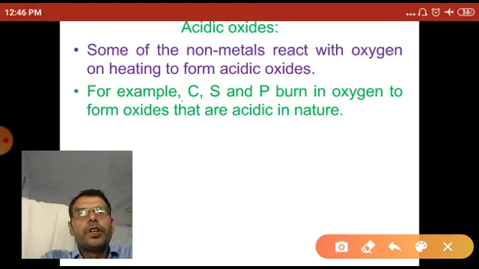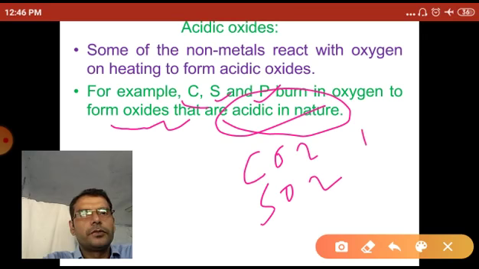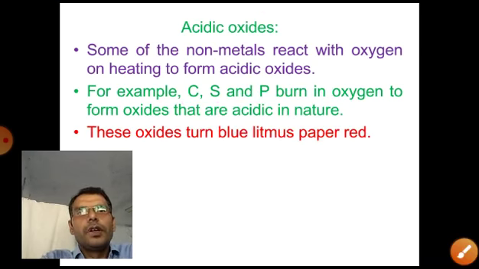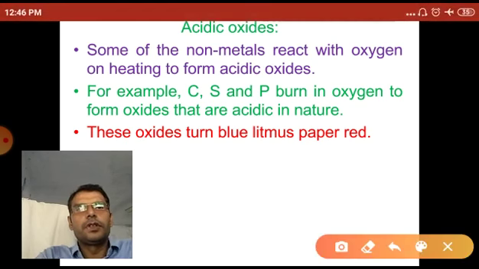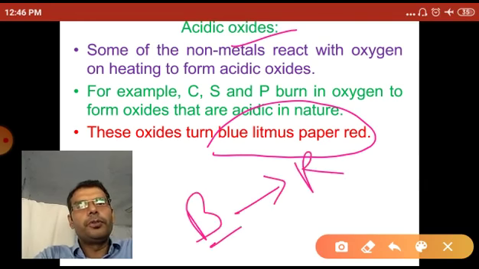For example, carbon, sulfur, phosphorus, when burned in the presence of oxygen, form oxides that are acidic in nature, such as CO2, SO2, P2O5. These oxides have an acidic nature, so they turn blue litmus paper into red.